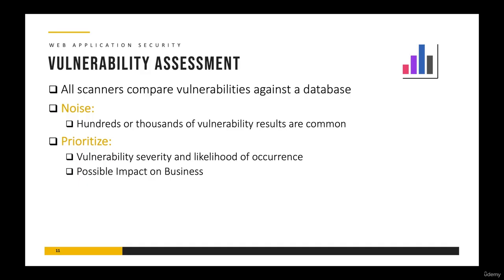On the other hand, if there is a vulnerability with medium severity, but there's a very good chance of exploitability, which means that it is very easy to exploit given your network infrastructure and security posture, then perhaps you need to pay more attention to that. Another important factor for prioritization is the possible impact on business. Obviously this is the bottom line. Any vulnerability which can impact your business operations needs to be considered seriously.